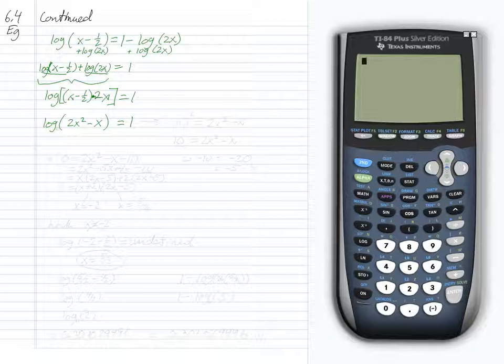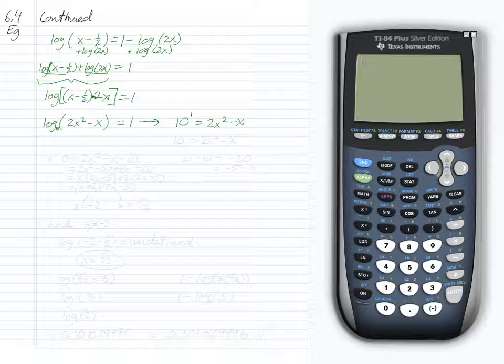Now I'll convert this to an exponential equation. Remember, when I have no base specified, there is an implied 10 as our base. So our base in the exponential version will be 10. My exponent will be 1, and my argument will be 2x squared minus x.